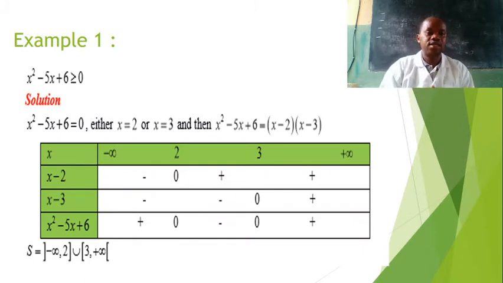Dear friends, here we have an example. We are going to solve together the given inequality x squared minus 5x plus 6 greater than or equal to 0. Here, as we said before, we have to factorize x squared minus 5x plus 6.